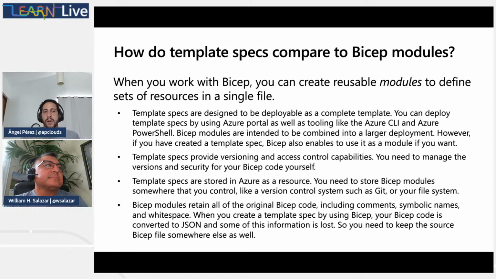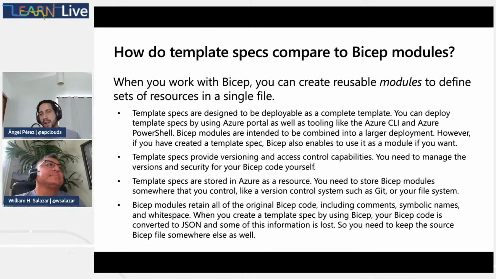So whatever ARM template or Bicep you store into that template spec, it's probably going to be an atomic unit that can later be deployed, not necessarily used as you would use a module. So again, a module is meant to be imported as a library into another file, whereas a template spec is more click to deploy.